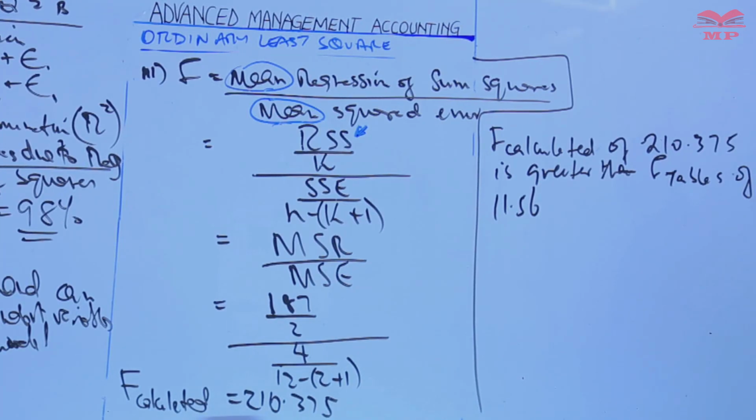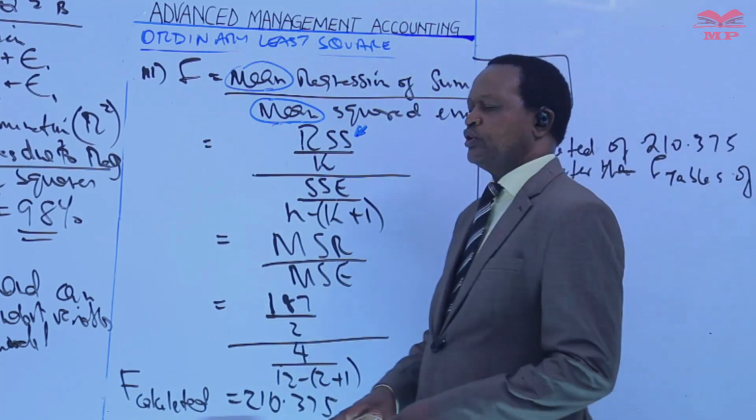Here we reject the null hypothesis that all the slope coefficients in the multiple regression model are jointly equal to 0.